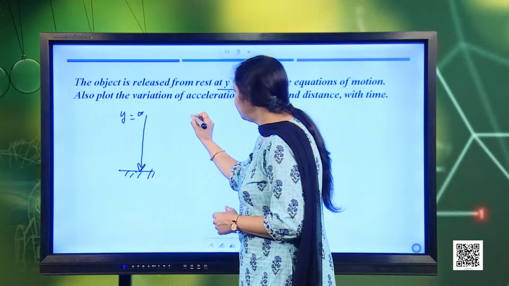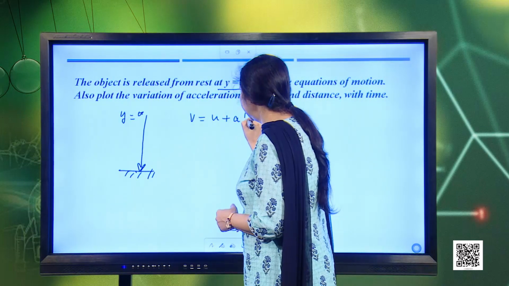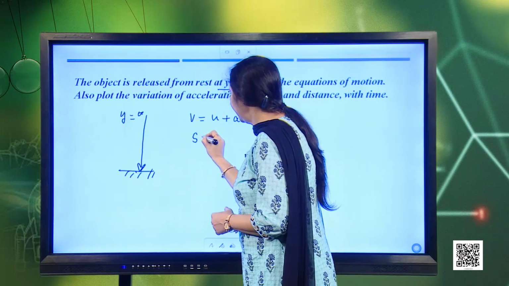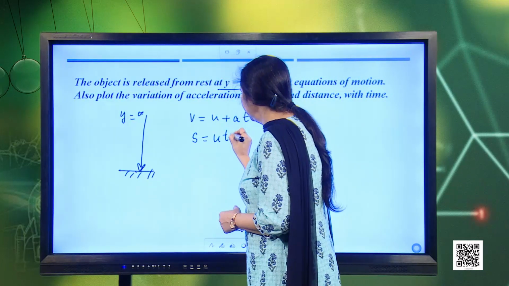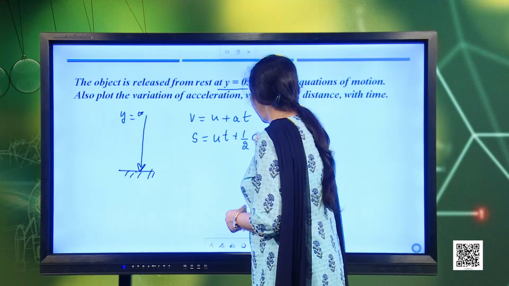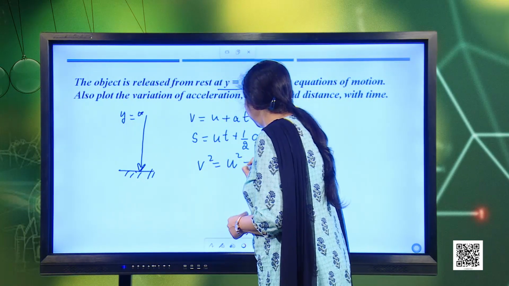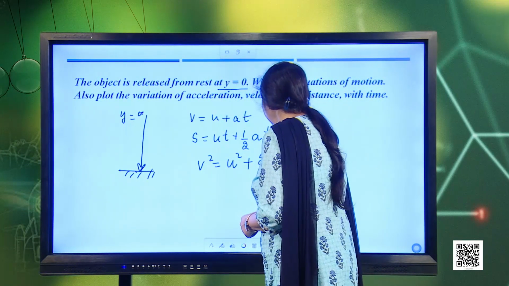The three equations of motion, first of all, we know v is equal to u plus at. Second equation, s is equal to ut plus half at square. And the third equation we write as v square is equal to u square plus 2as.